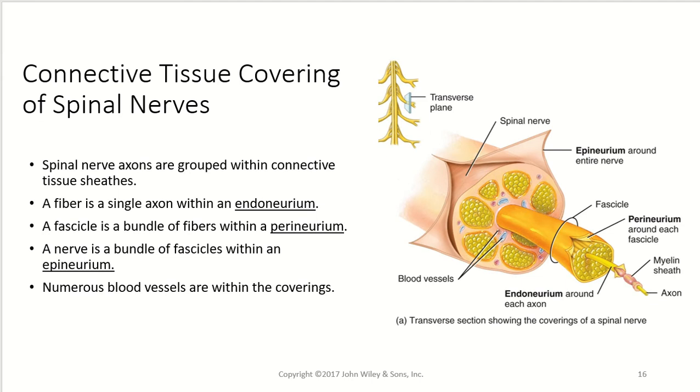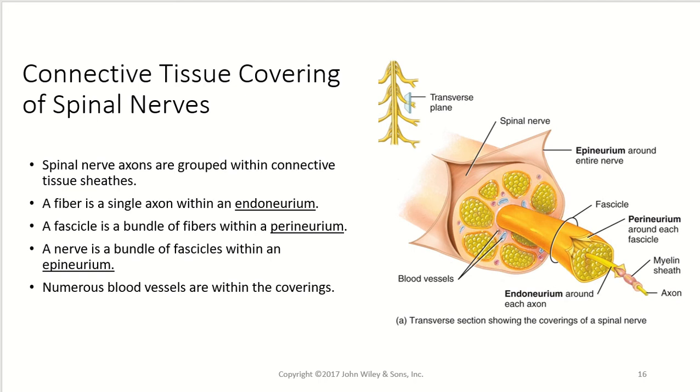So let's look then at the connective tissue coverings for the spinal nerves, just real briefly. The spinal nerve axons are going to be grouped within these connective tissue sheaths, similar to how we would see muscle tissues or muscle fibers. So the fibers of a single axon are going to be found within an endoneurium.